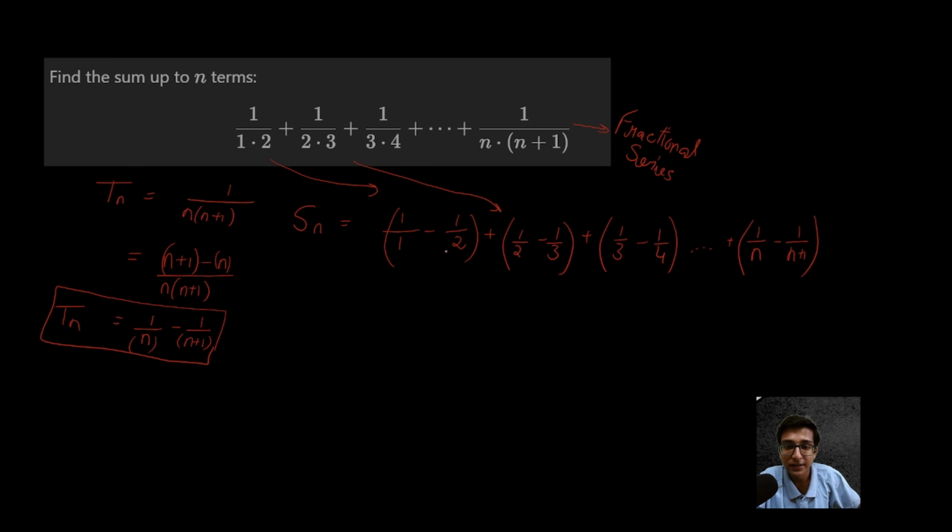So now if we look at this summation properly, you can see that minus half plus half would get cancelled, minus 1 by 3 plus 1 by 3 would get cancelled, minus 1 by 4 would get cancelled by plus 1 by 4 here, and similarly all these terms would get cancelled until the last term, minus 1 by n plus 1. The only two terms that remain here are 1 by 1 and minus 1 by n plus 1. This simplifies to n by n plus 1. So yes, this is the answer of our equation.